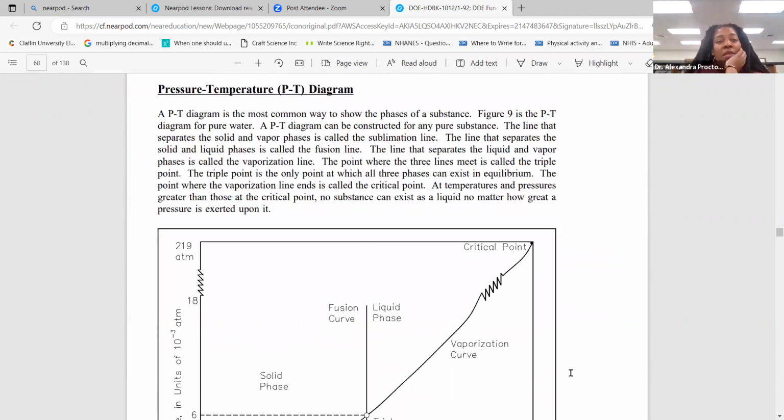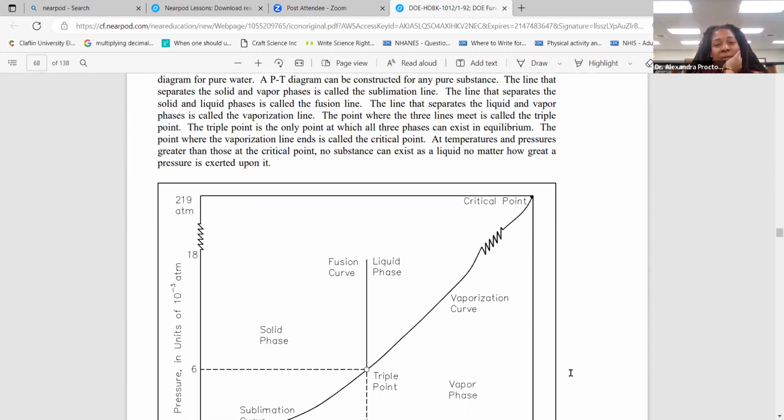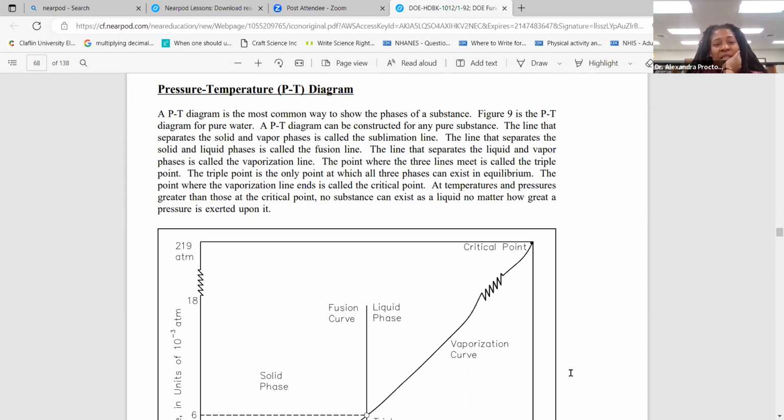So let's start with the pressure temperature diagram. A PT diagram is the most common way that we show phases of a substance. So in this figure below, this is the pressure temperature diagram for pure water.